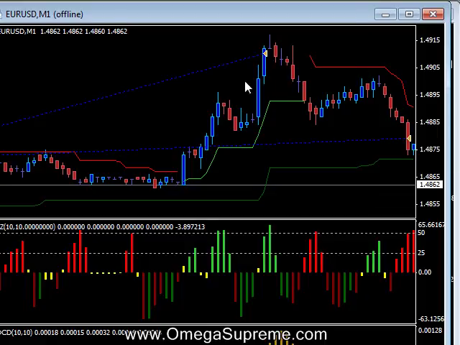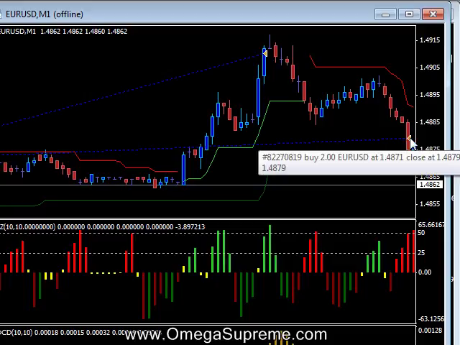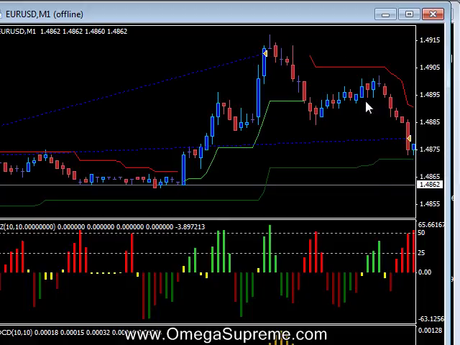So we still managed to close 39 pips at 8 lots and 8 pips at 2 lots, with upside potential if it continued upward. So that's this morning's trade for OmegaSupreme.com.